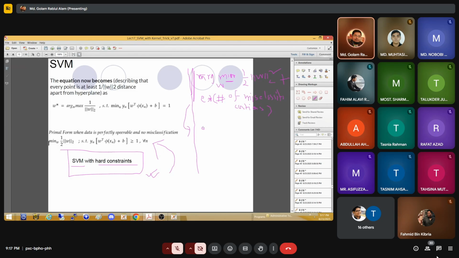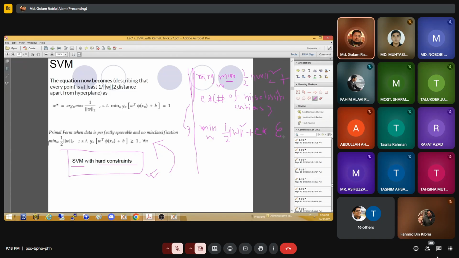Here is the argmin of half W square plus C, C is the penalty, times, for each and every data point, we want to introduce a slack variable.